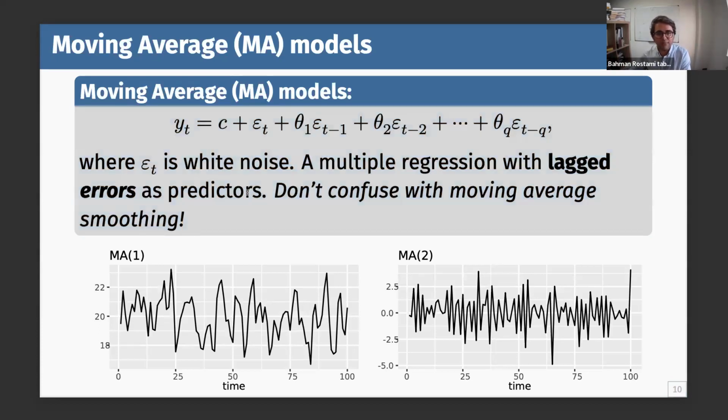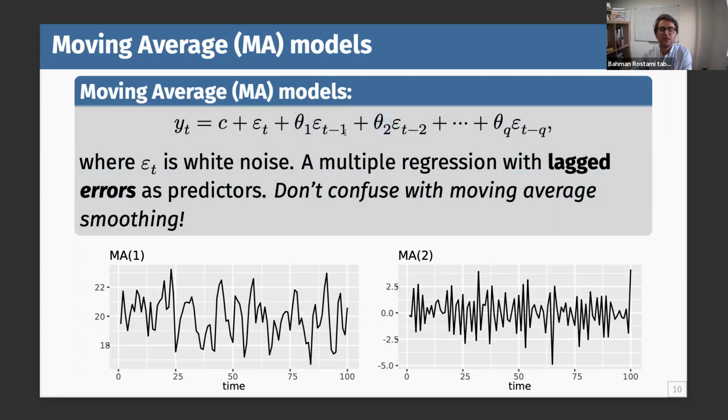But this MA model is trying to link the observation to the error terms in the past. And then here we also have an order called q. So we have to decide how many of those orders we need to include. And following that, we have to estimate the parameters as well.